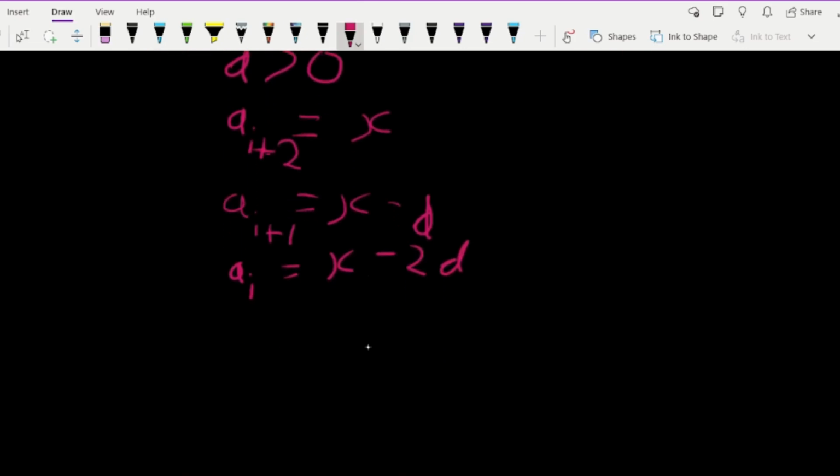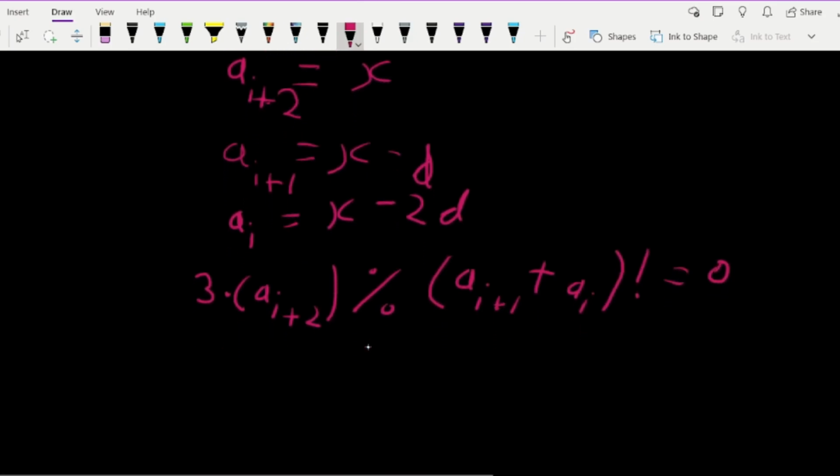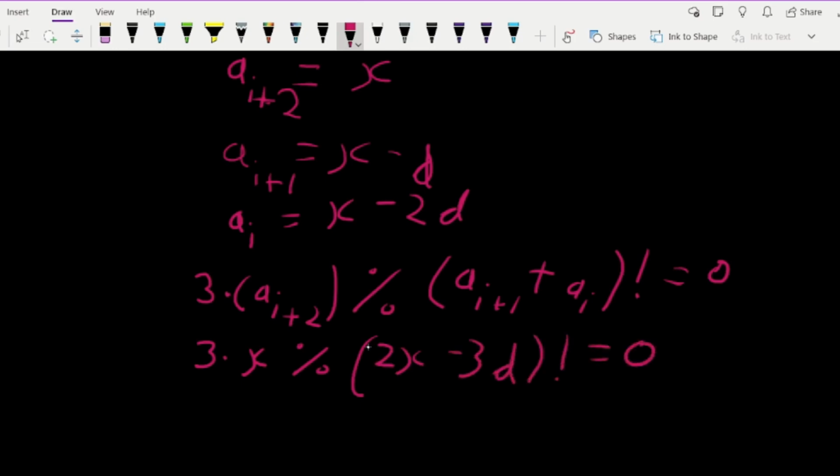Now we have to satisfy the condition 3 times ai plus 2 modulus (ai plus 1 plus ai) should not be equal to 0. For this to hold good, that is 3x modulus (2x minus 3d) should not be equal to 0.